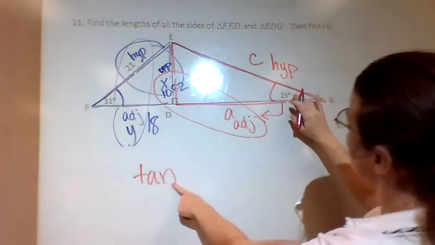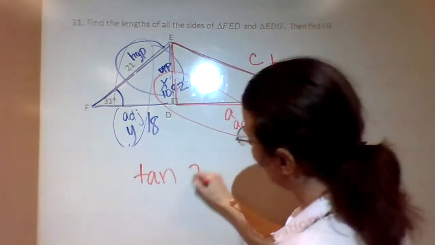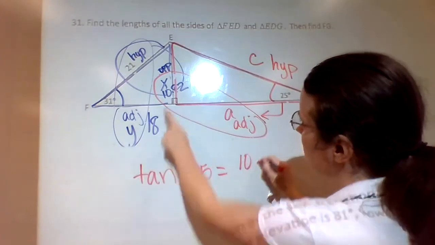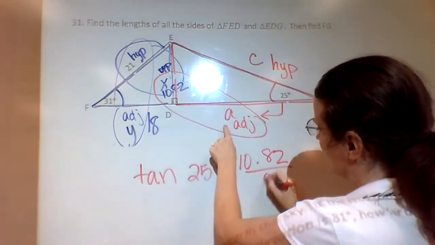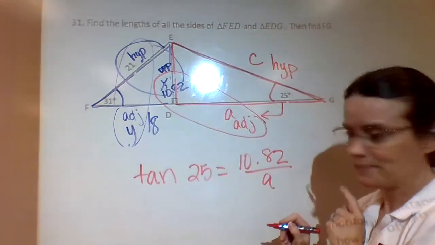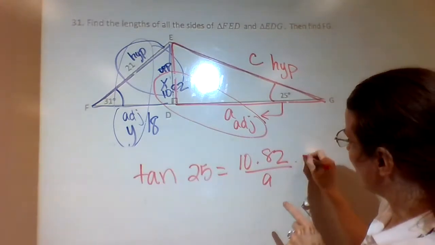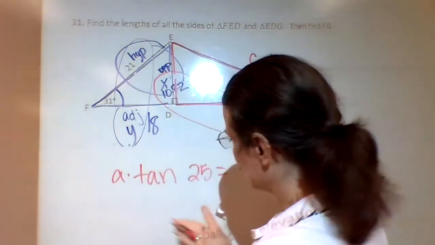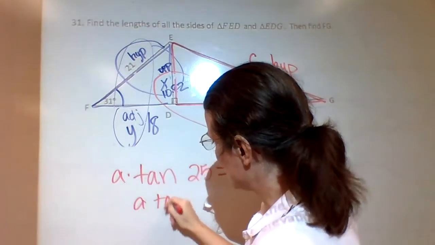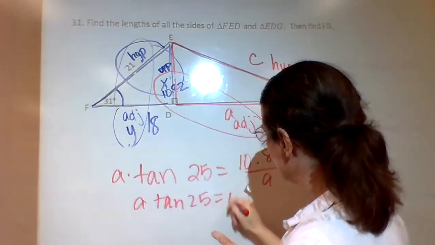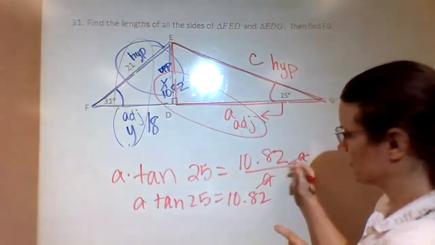So the tangent of the angle that I know is going to equal the 10.82 over my mystery adjacent side. To get the A off the bottom, I will times by A on both sides and get A times the tangent of 25 equals 10.82.